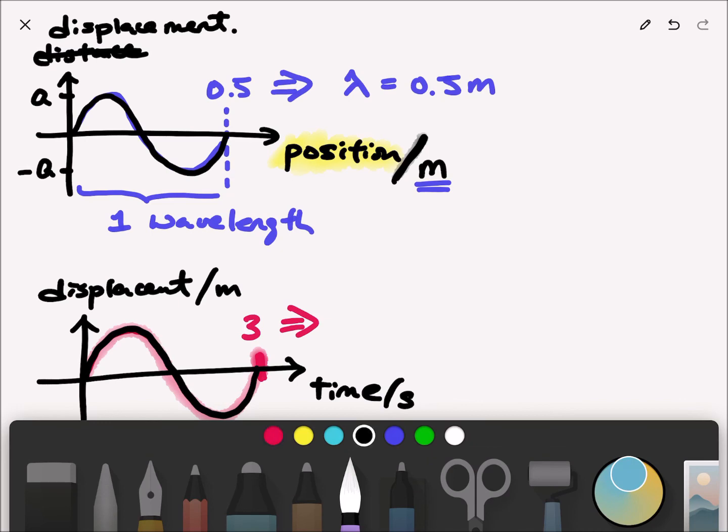And what does that mean? One wave is produced, right? This red highlighted line, this red one, is one complete wave, right? So one complete wave produced takes 3 seconds.